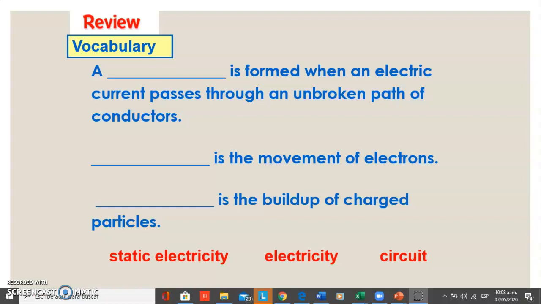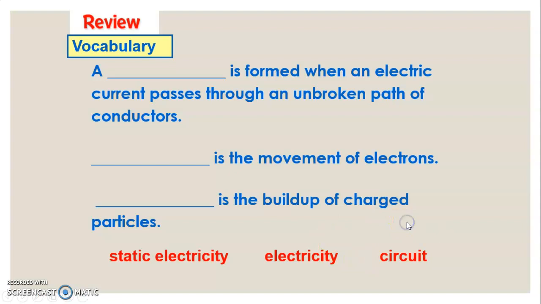What is it? Yes, correct, it is circuit. Okay, so let's put number 5. It's the movement of electrons. Easily, what is it? Electricity. And the last one is the buildup of charged particles. Correct, it is static electricity.